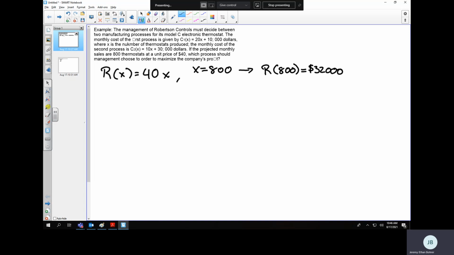Okay, so let's see what the cost of the first process is and the cost of the second process. For C1 of X, C1 of 800, that's 20 times 800 plus 10,000. Well, 20 times 800, that's 16,000, plus 10,000.